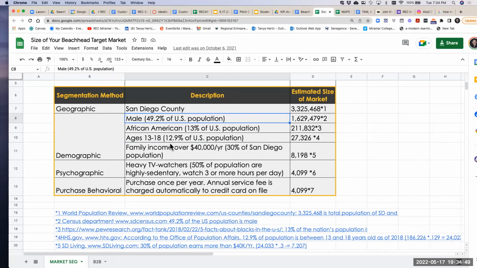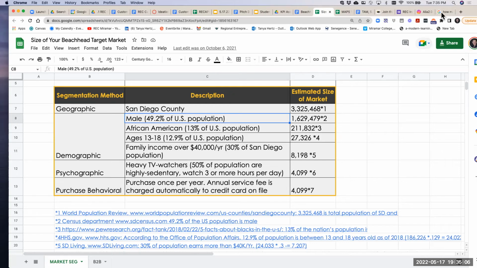If it doesn't matter, don't put it, and don't put both things. You don't want to say men and women, because it doesn't affect the number. It's only things that will affect the number. And you put them in separately so that you can find each one separately. So I said male.